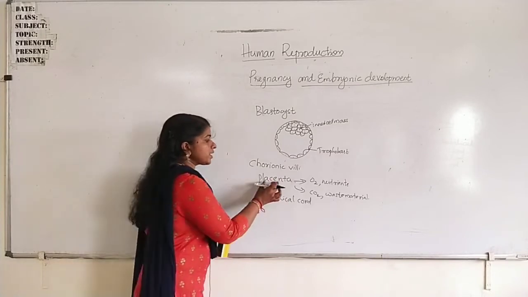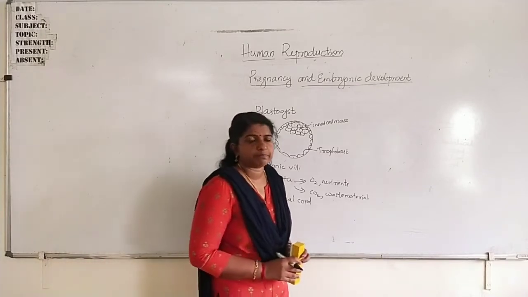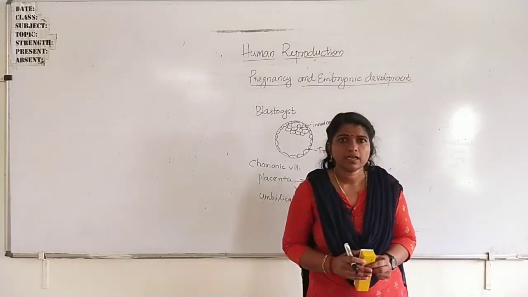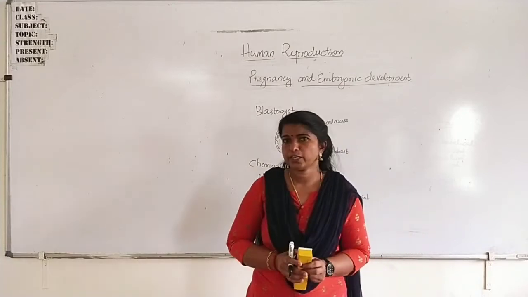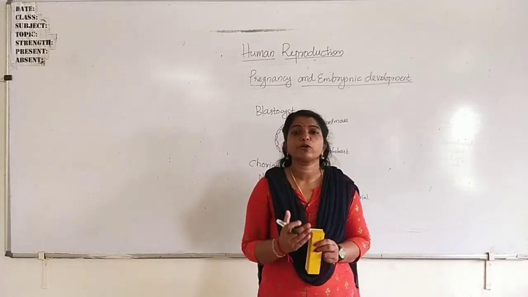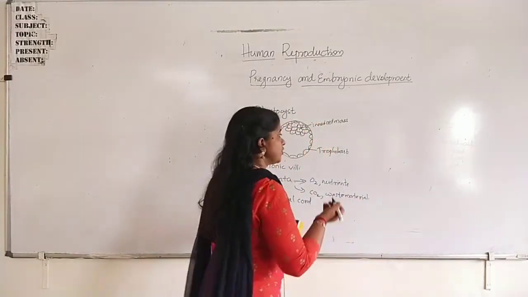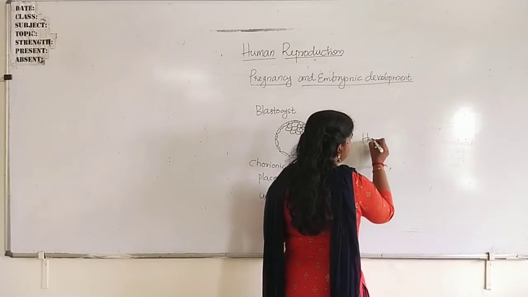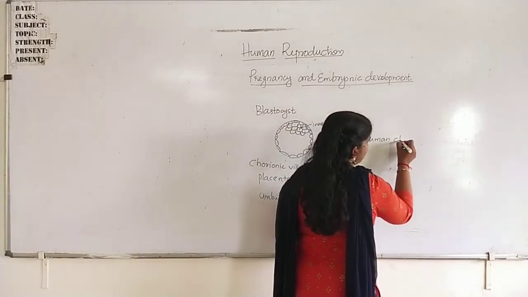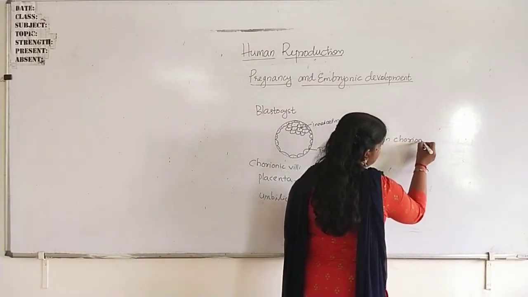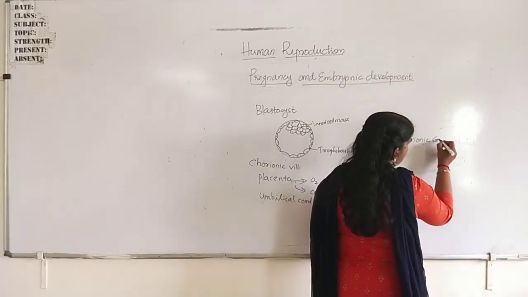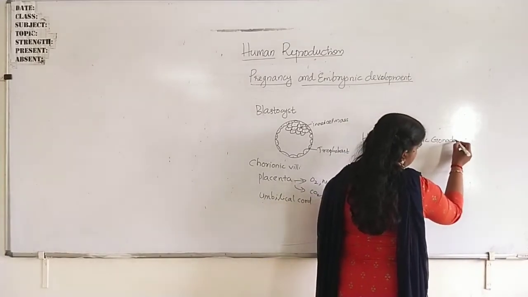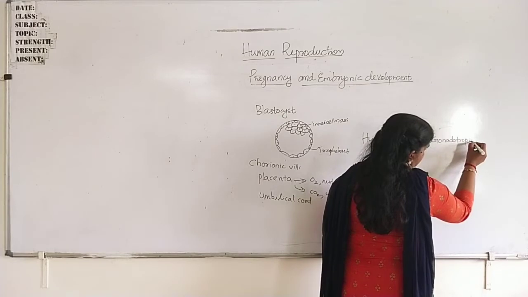And the placenta has one more function. The placenta acts as an endocrine tissue. That means it can produce certain hormones. Which are the hormones produced by the placenta?